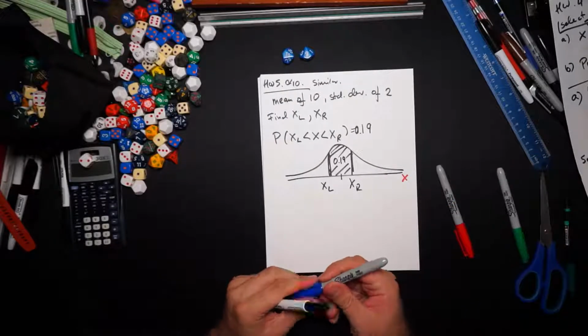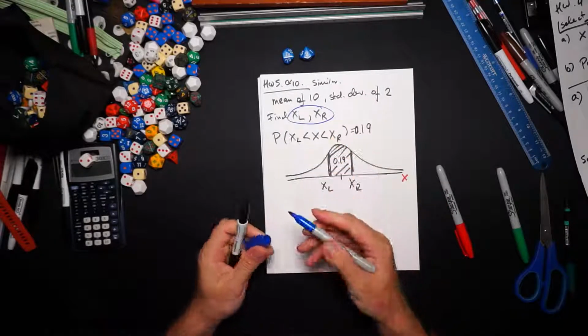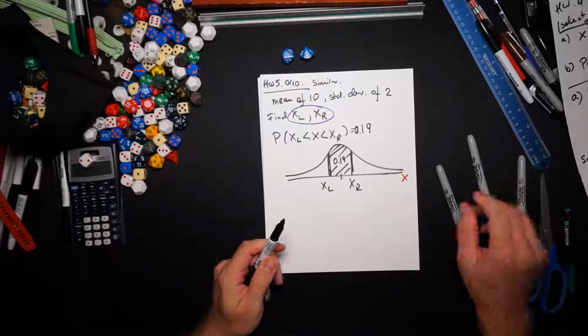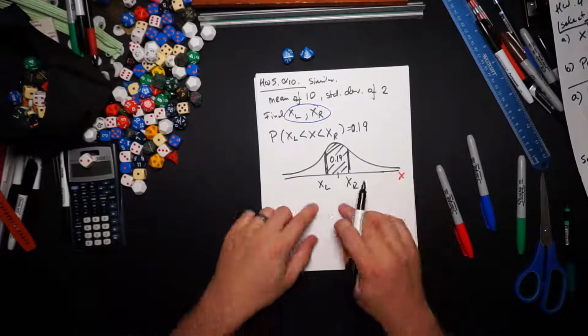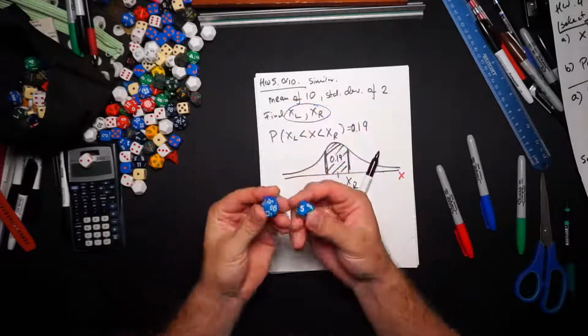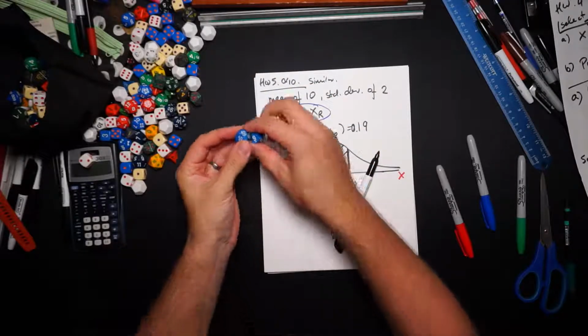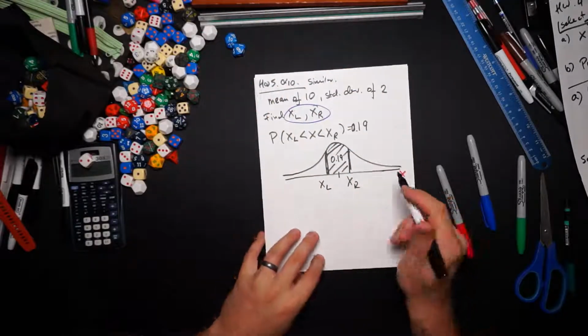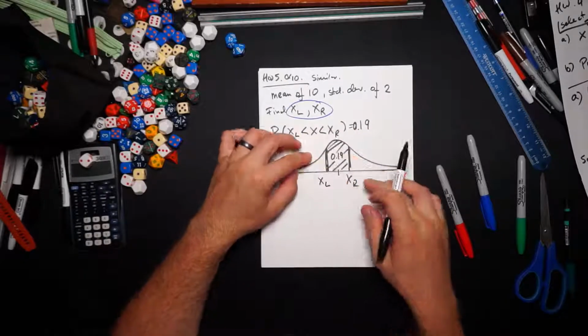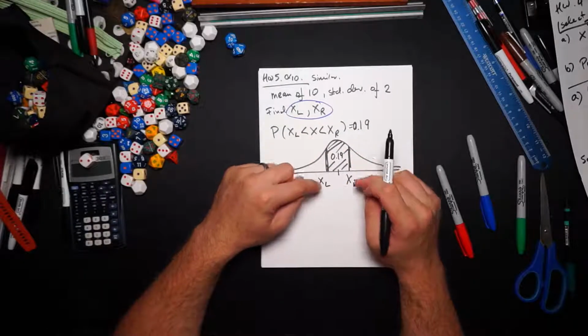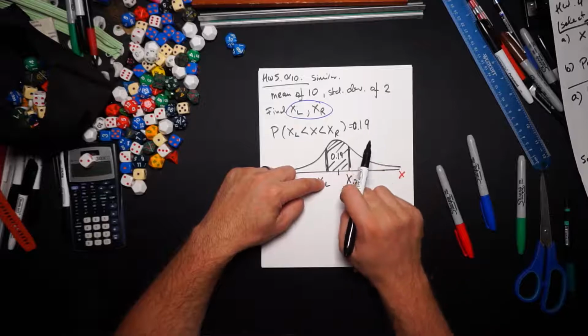So that's the setup. What I'm looking for is these two. The problem is, by the way, this is how I design exams, I just roll dice. But the point here is that probability and x don't mix.